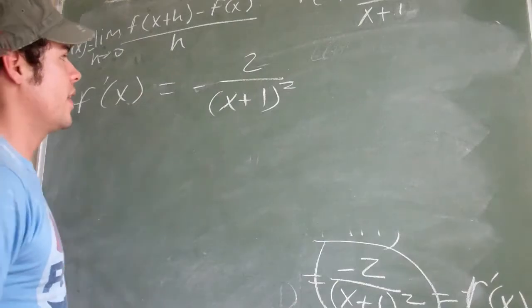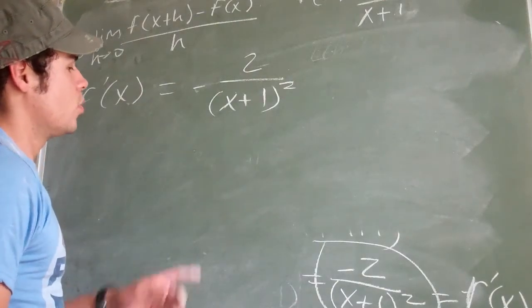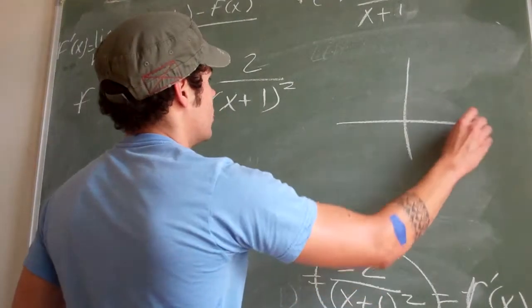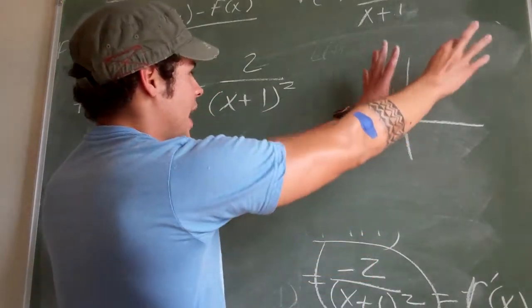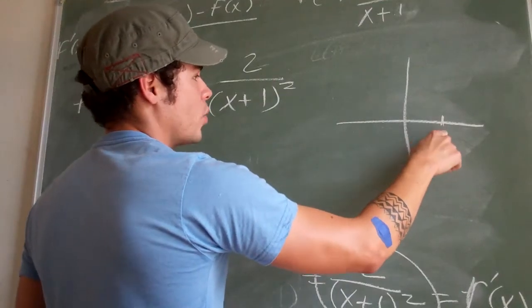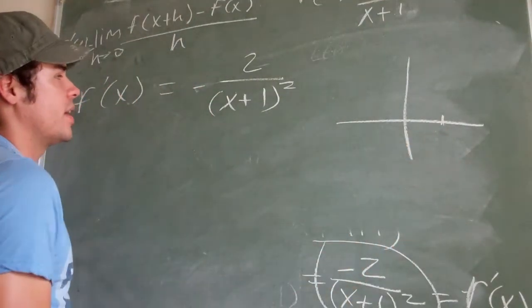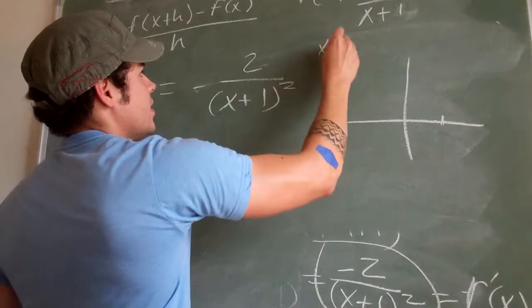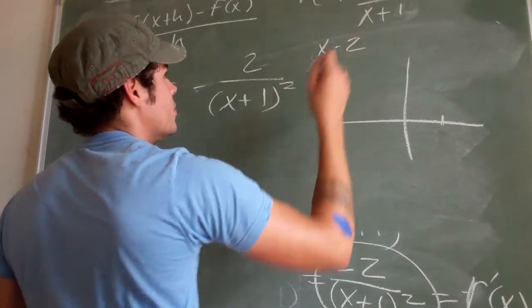Okay, now what if I wanted to find a point on the line? Well, if I have some kind of line on here, and I have an x coordinate, what I can do is just plug in that x coordinate. Let's say x is equal to, I don't know, 2.